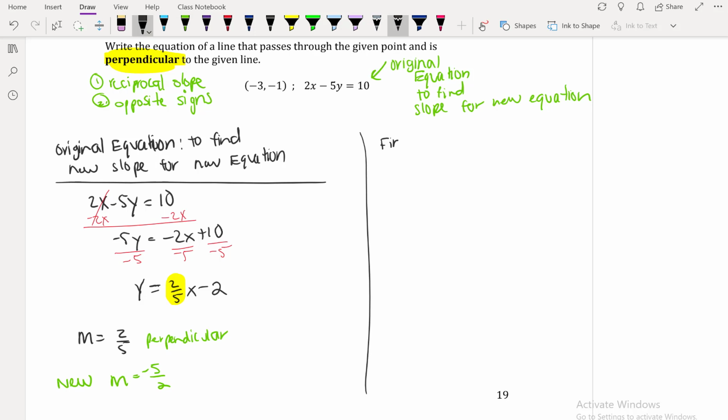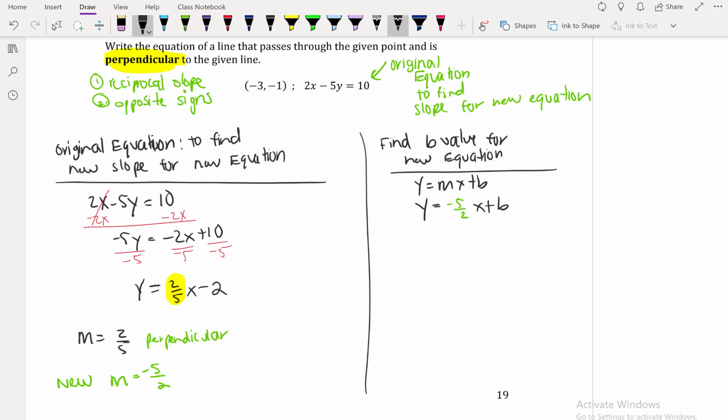So now I have to find my b value for my new equation. But I already have my m value. So y is equal to mx plus b, but I know that that new m value is a negative 5/2.